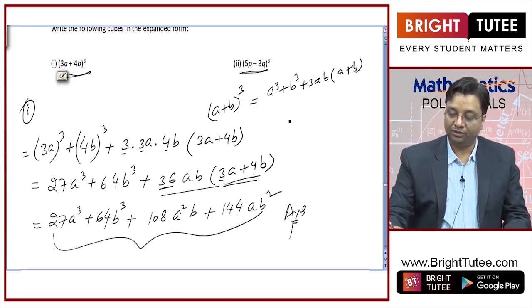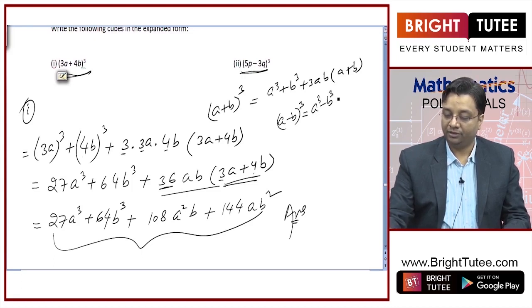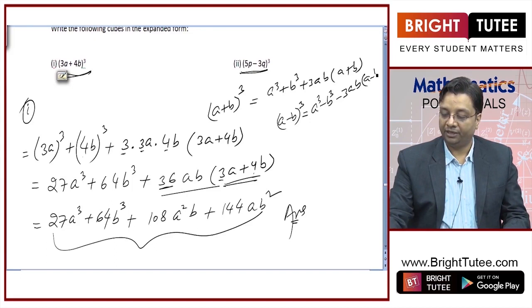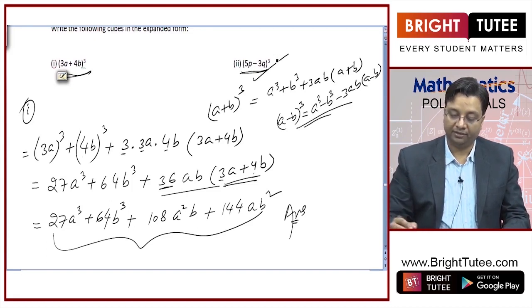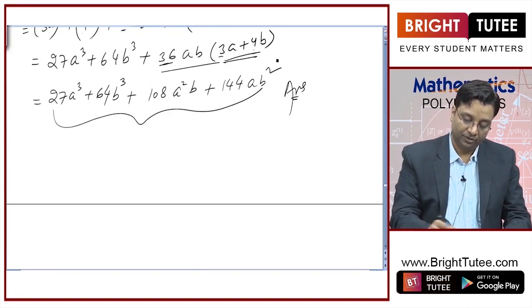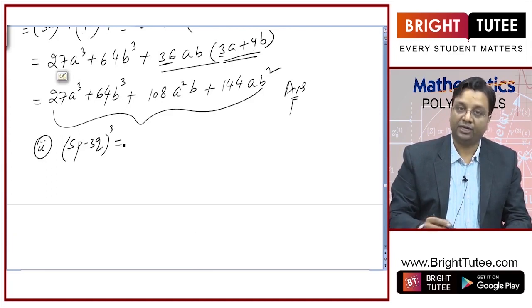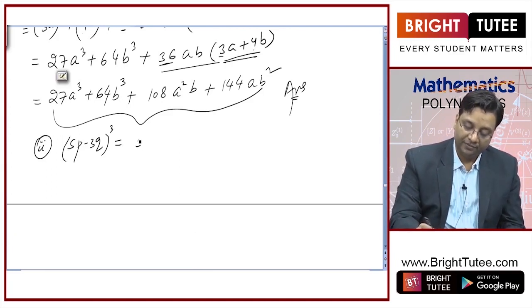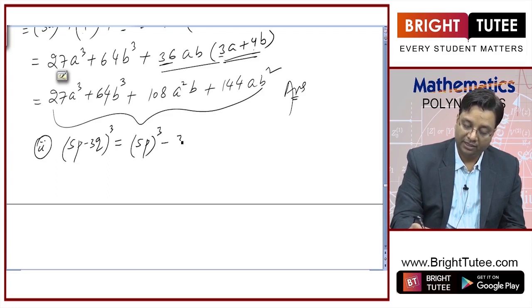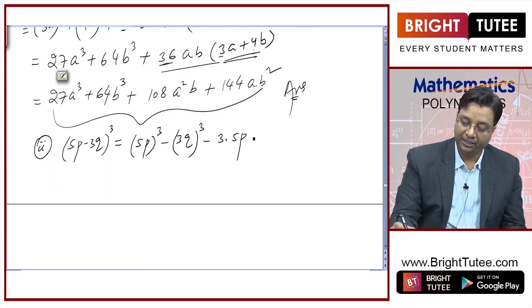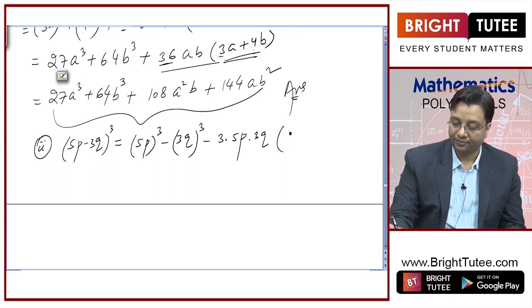Similarly, we can use the formula a minus b whole cube equals a cube minus b cube minus 3ab, a minus b, to expand 5p minus 3q whole cube. So I am using the identity for a minus b whole cube, and it will be 5p whole cube minus 3q whole cube minus 3 into 5p into 3q and then 5p minus 3q here.